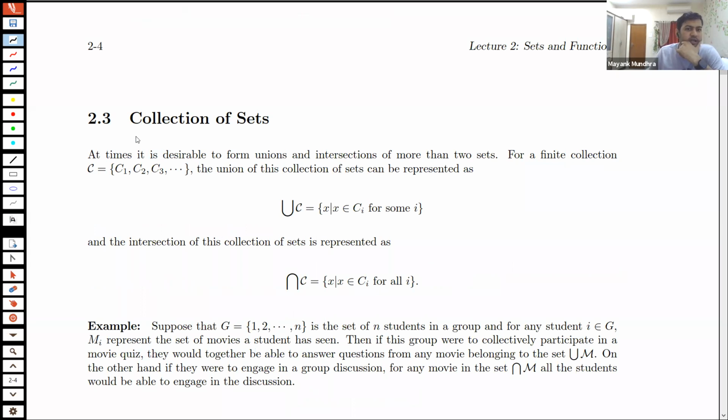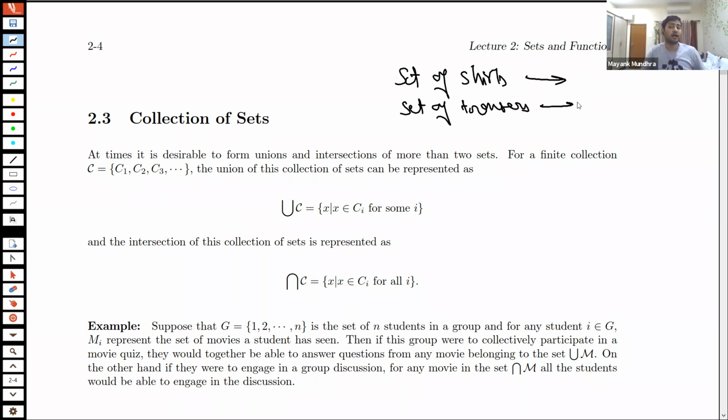Next thing is collection of sets. Let's say I have a set of shirts and a set of trousers. When I'm packing for Goa, I have shirt 1, shirt 2, shirt 3, and trouser 1, trouser 2, trouser 3, and I want to pick which shirts and which trousers I'm taking to Goa.